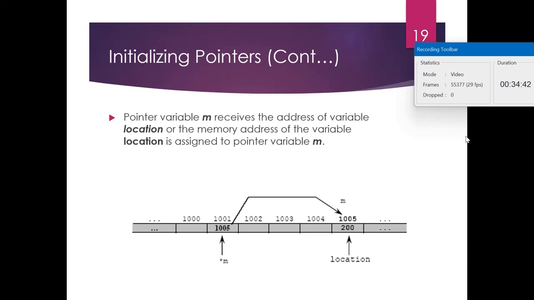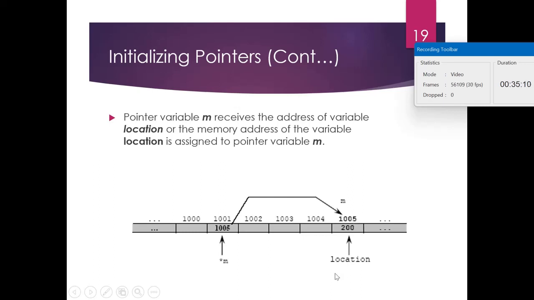Here this is initializing pointer. Here pointer m receives the address of the variable location, the memory address of the variable. Location is assigned to pointer variable m. Here you can see 1005 is the address of the location variable. Value is 200.